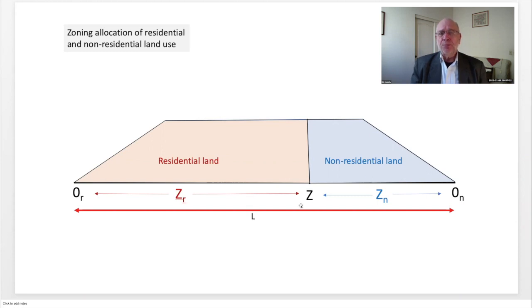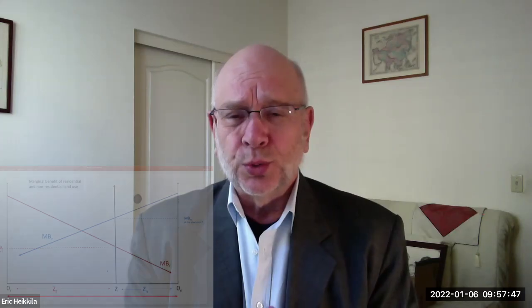The main principles that we derive from this analysis can also be derived in a more complex or realistic setting with multiple land use categories, but the principles that emerge are robust. So let's keep it simple.